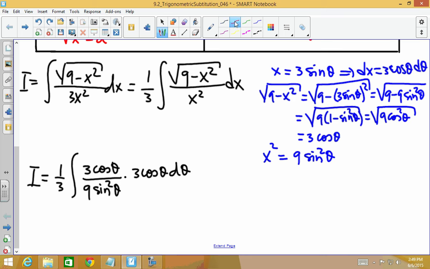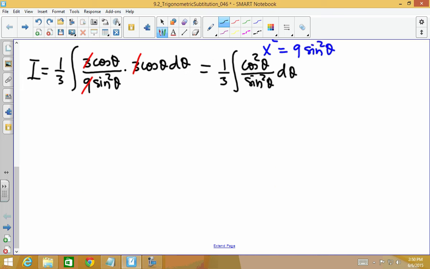Simplifying, 3 times 3 is 9, and 9 divided by 9 is 1. The integral becomes 1 over 3 integral of cosine squared theta divided by sine squared theta d theta.